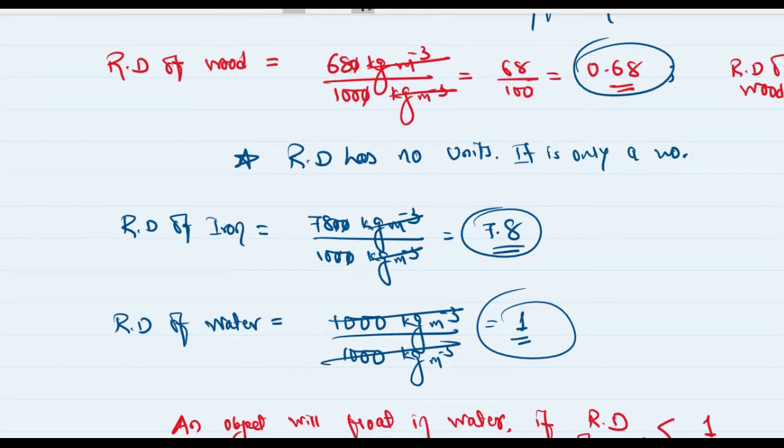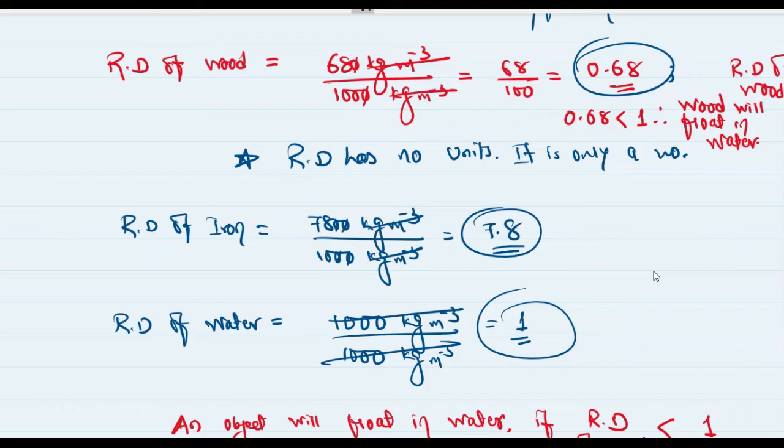Okay, now here it is very easy to note that 0.68 is smaller than 1, right? Therefore, the relative density of wood is smaller than 1. Therefore, we can say that wood will float in water. We already know that by our observations, and now we have verified it with mathematical support, right?